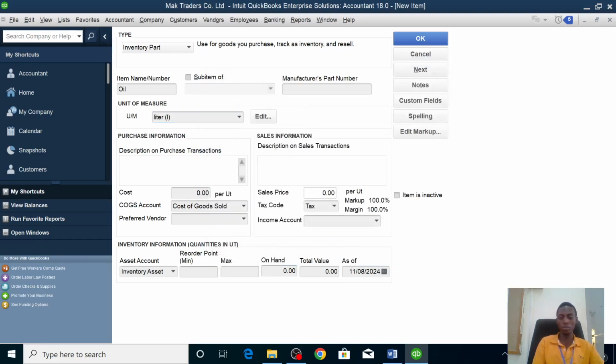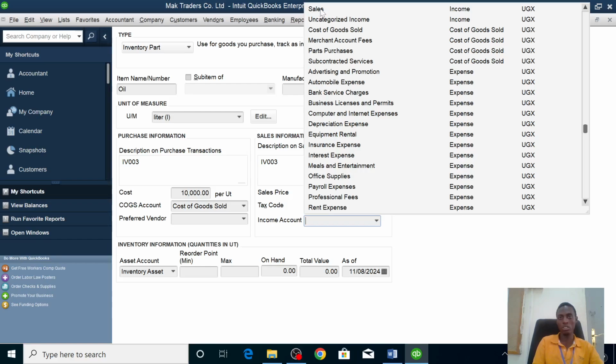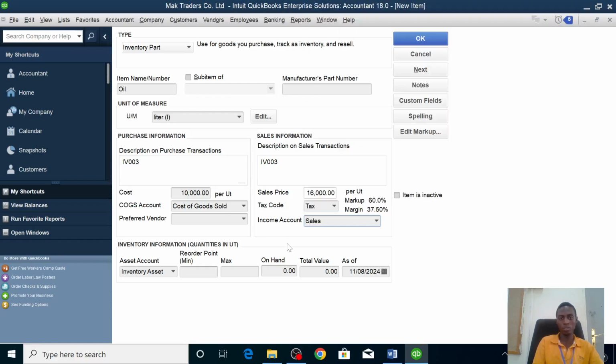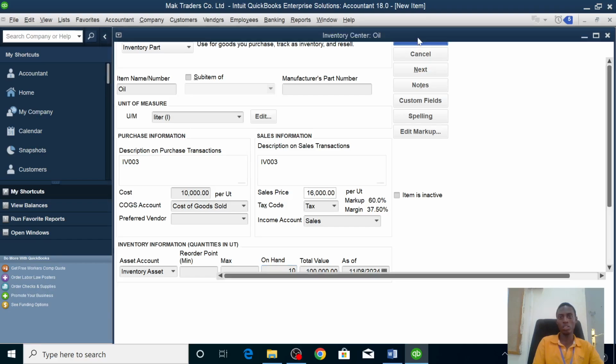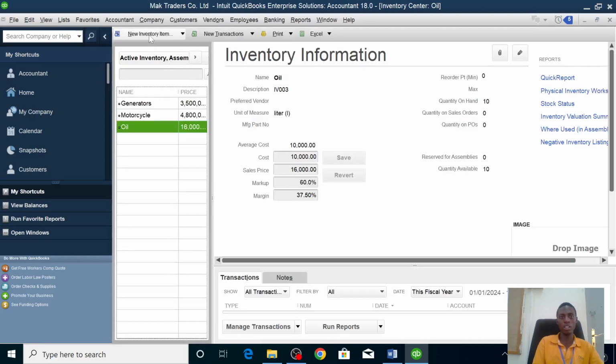Description, it's IV 003, cost 10,000, selling 16,000. Income account, sales. On hand, there are 10 liters. I say okay.